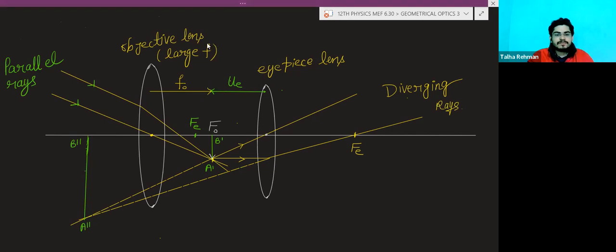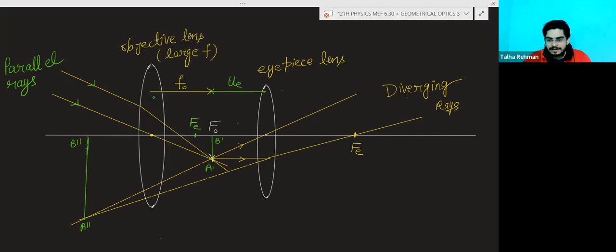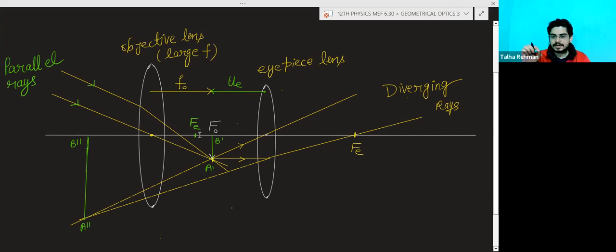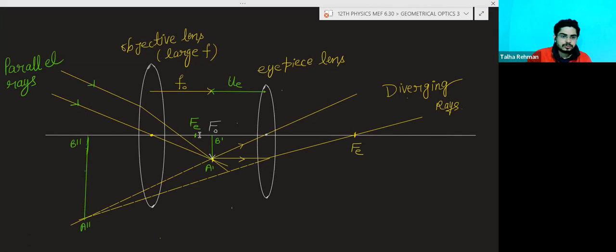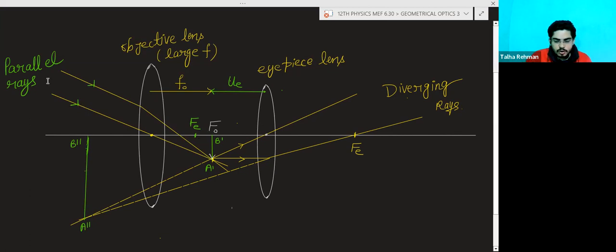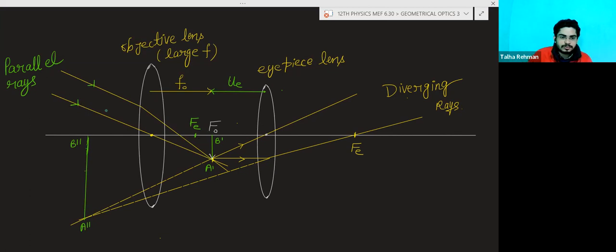So what is alpha? Alpha is the visual angle formed by the object. Basically the rays from the object are these rays, and this angle will be alpha. If this angle is alpha, then this angle will also be alpha, vertically opposite angle.